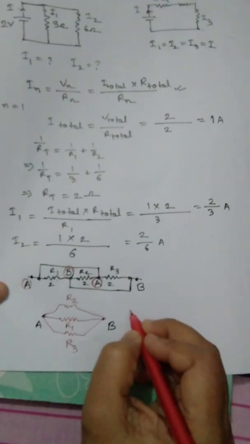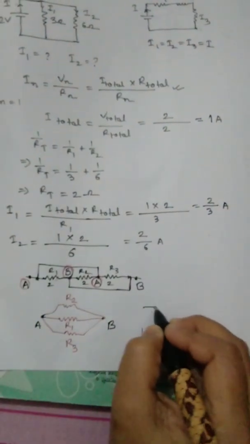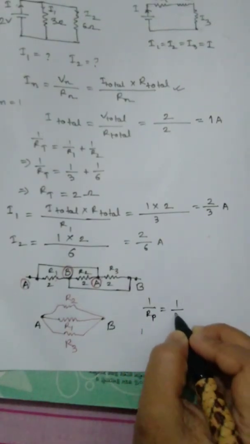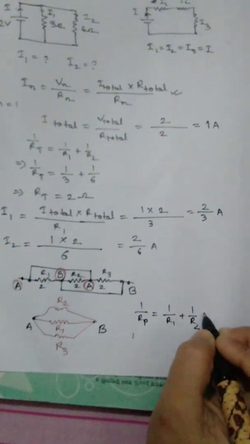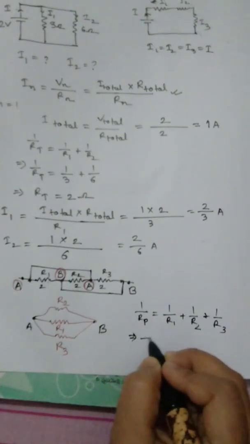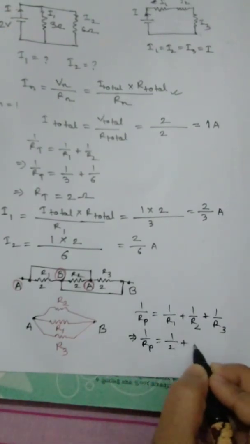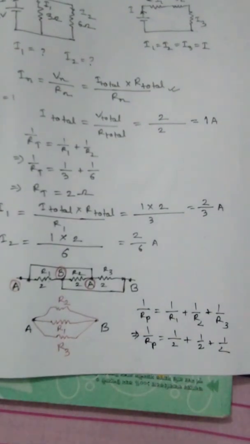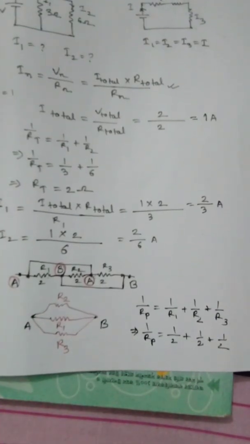So what will be the equivalent resistance for this circuit? 1/RP equals 1/R1 plus 1/R2 plus 1/R3. The value of all resistors is 2, so you can calculate this and get the equivalent resistance from here.